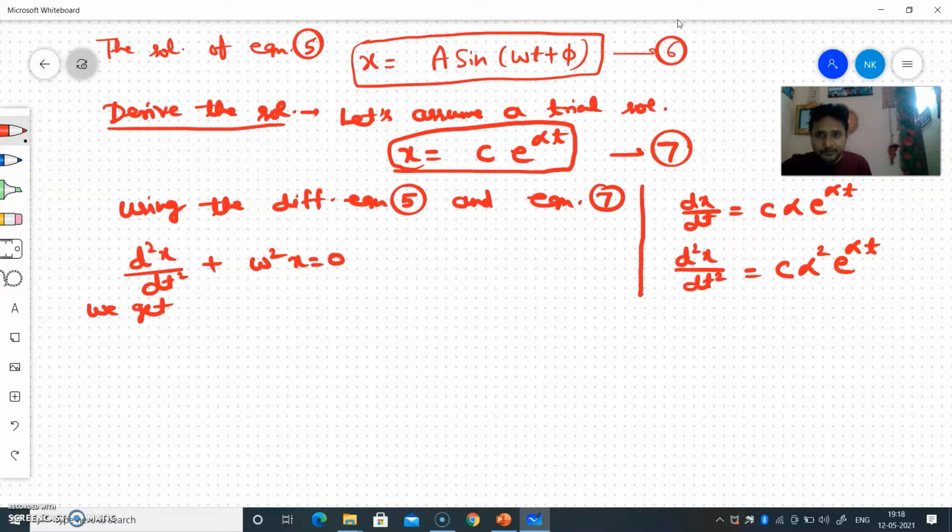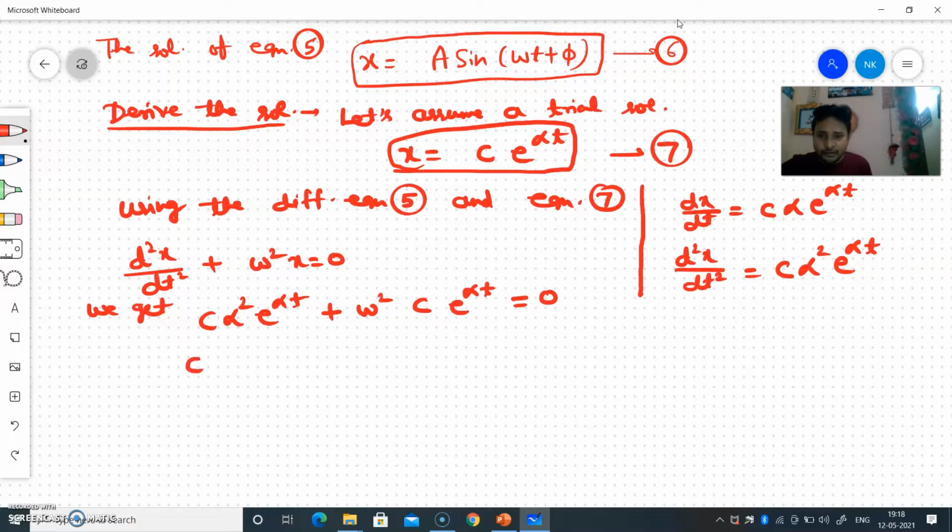So d2x over dt square is c alpha square exponential alpha t, plus omega square x, where x is c exponential alpha t, equal to 0.